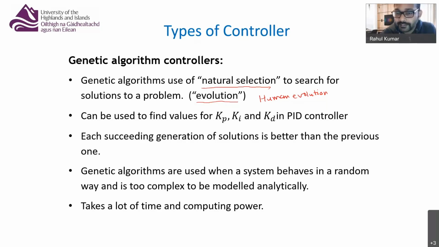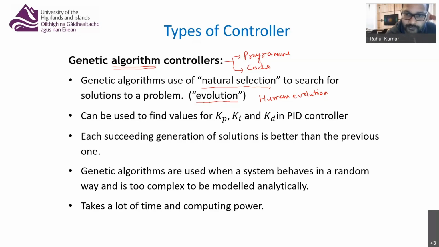Another thing I want to highlight is that the genetic algorithm is an algorithm. It is not a physical system, it is a set of code or program which we can use with any type of control system.